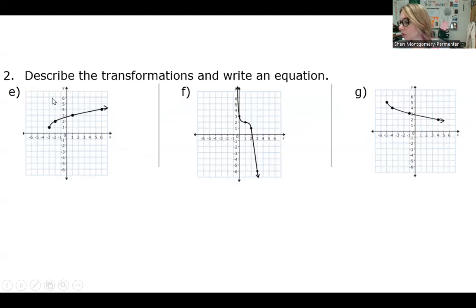All right, for question 2, or example 2, it says describe the transformations and write an equation. Well, first thing that we need to know is what equation we're going to make. So for E, what type of equation is that? Square root. So we know we're going to have a square root. What about F? Cubic. Good job. And the last one.